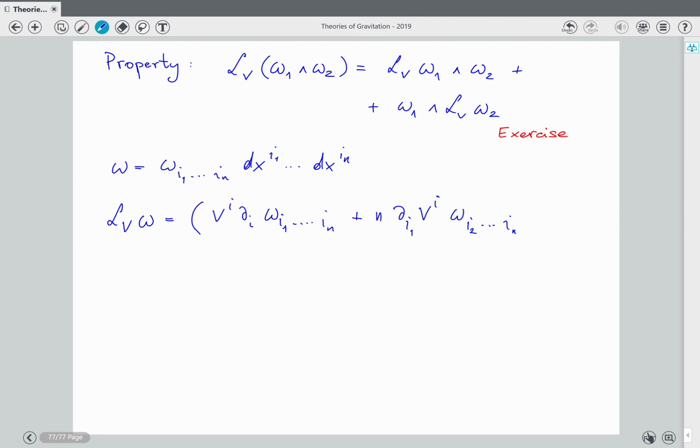And you contract with the first index. So you take one index, the first, for example, from omega, and you put it into the partial symbol, and then you contract the index at its place with the vector. Okay. dx I1 dx In.